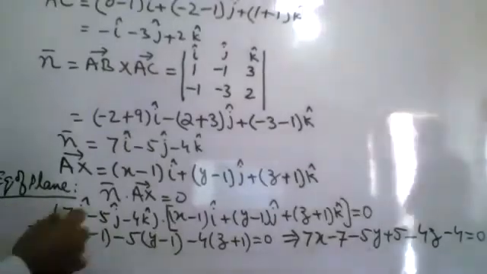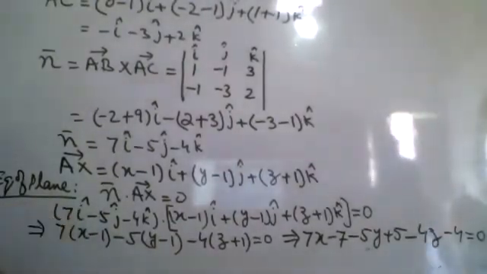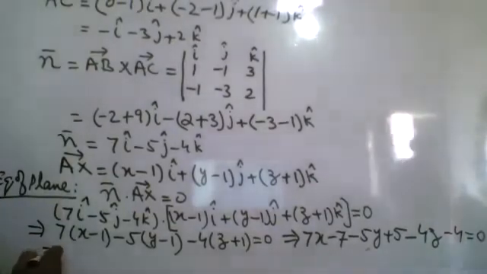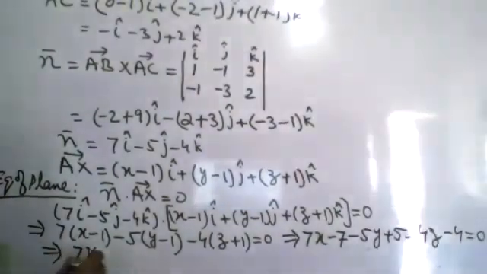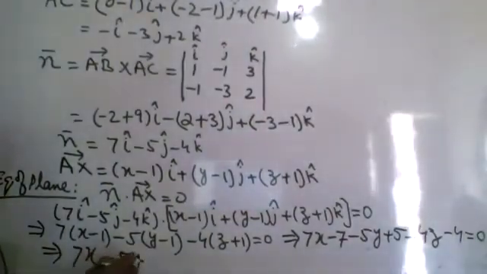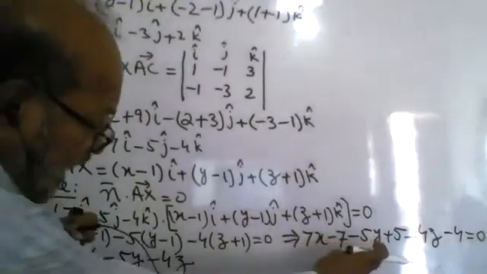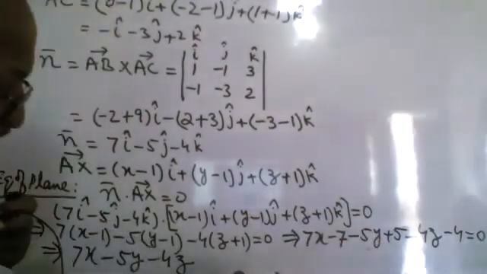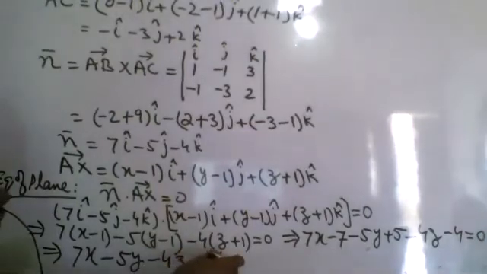Further simplify this one. It will become 7x minus 5y minus 4z, and minus 7 plus 5 will be minus 2, minus 2 and minus 4 will be minus 6, equal to 0.